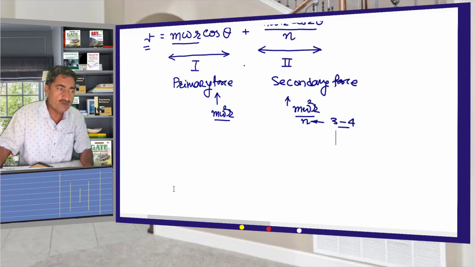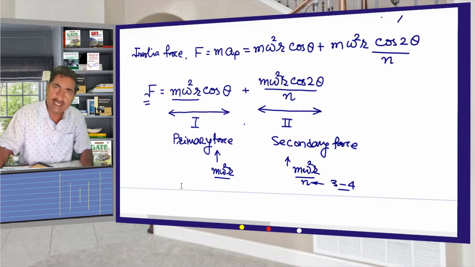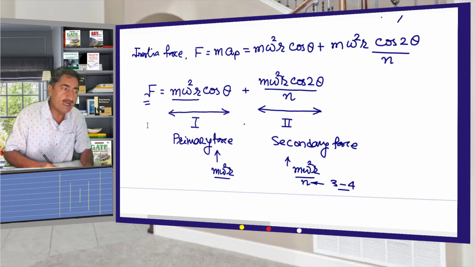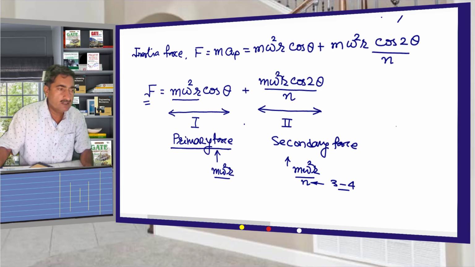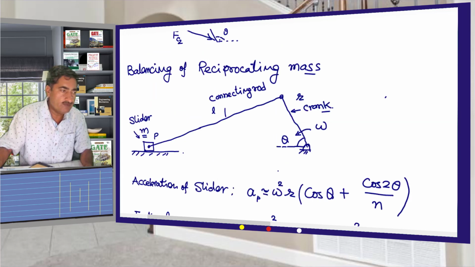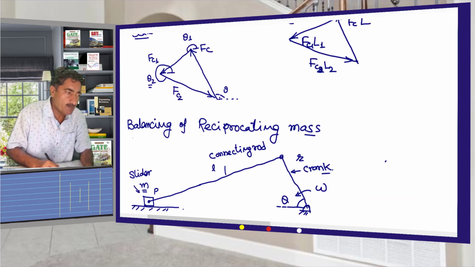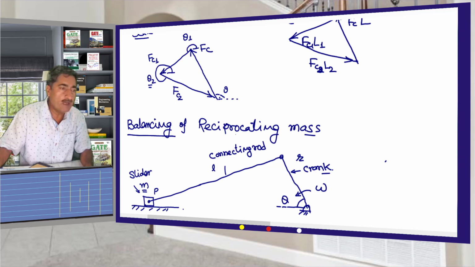So primary force is more than secondary force. So we have to balance this primary force. The topic is balancing of reciprocating mass. Okay. Now how to balance it?